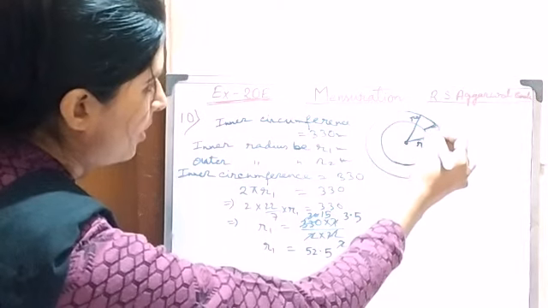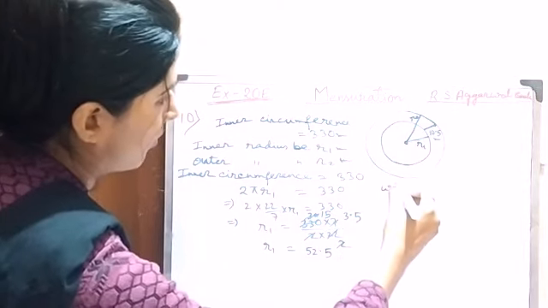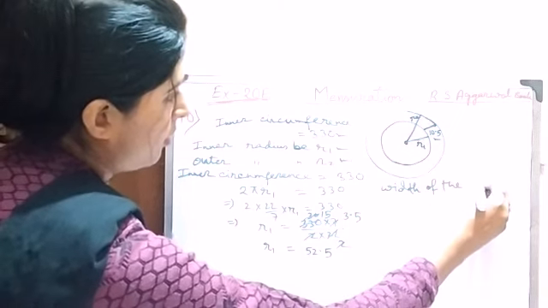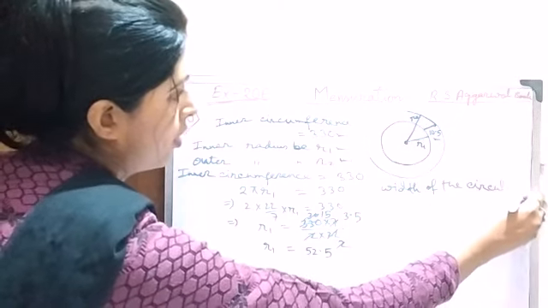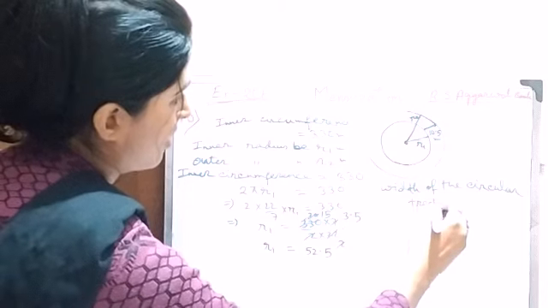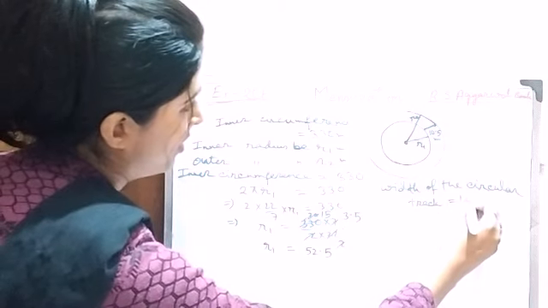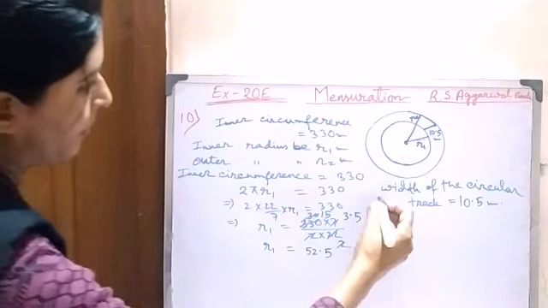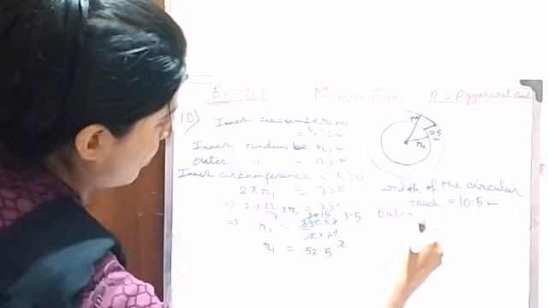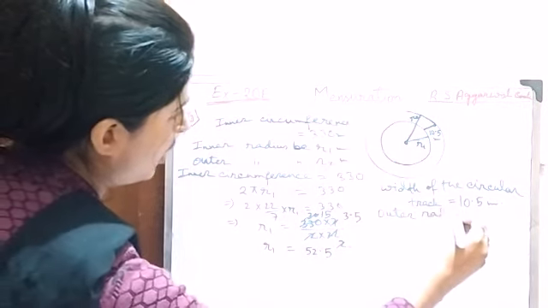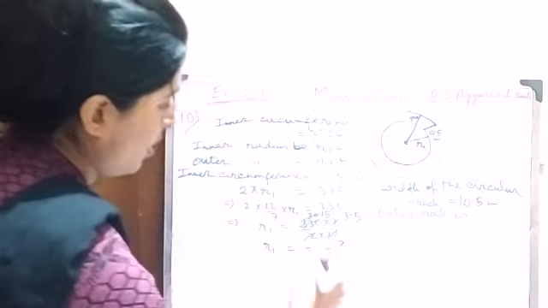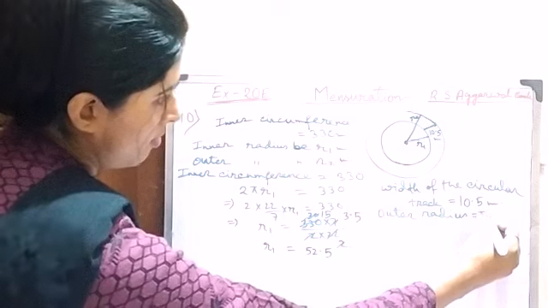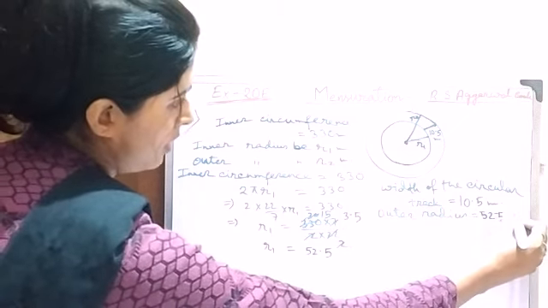Now the width of the track is given. Width of the circular track equal to 10.5 meter. Now outer radius equal to inner radius R1 plus this, that means 52.5 plus 10.5.